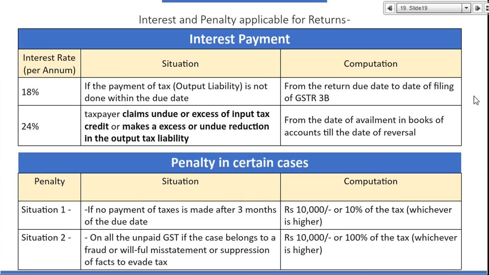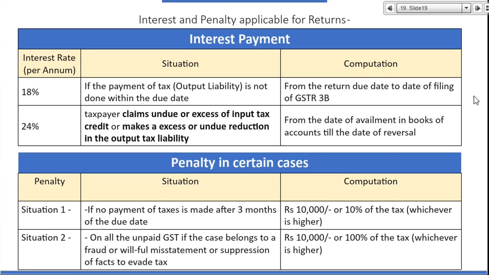We forget penalties. If I don't pay taxes for 3 return periods, the department can or will impose a penalty of 10,000 rupees or 10%, whichever is higher.